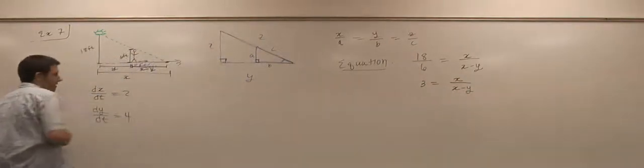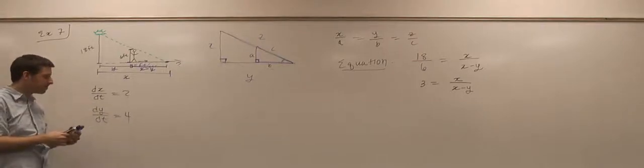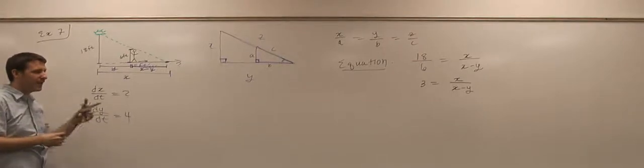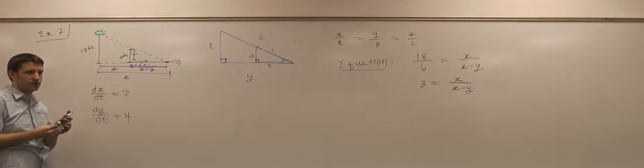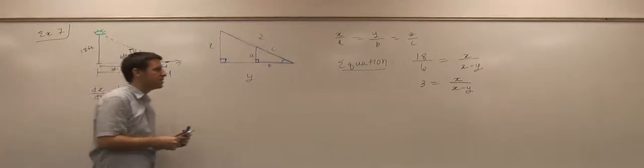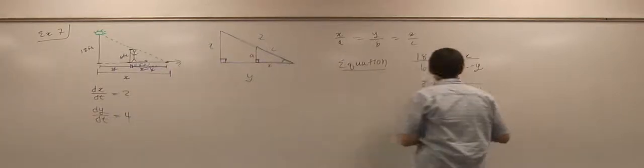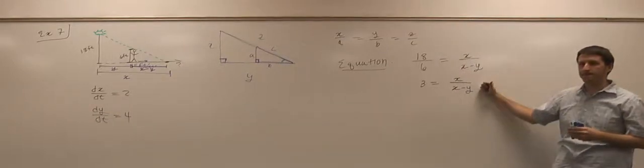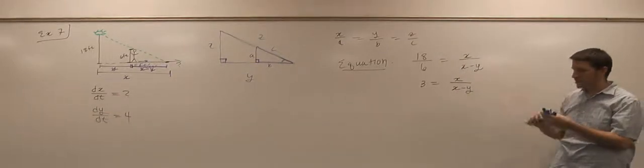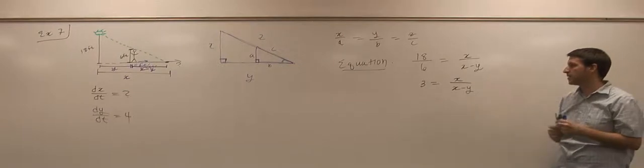And I need to find dx/dt. I would not in any way differentiate this equation, because if you do, it's going to be a quotient rule, kind of a nightmare. I would simplify this equation by multiplying my denominator up.